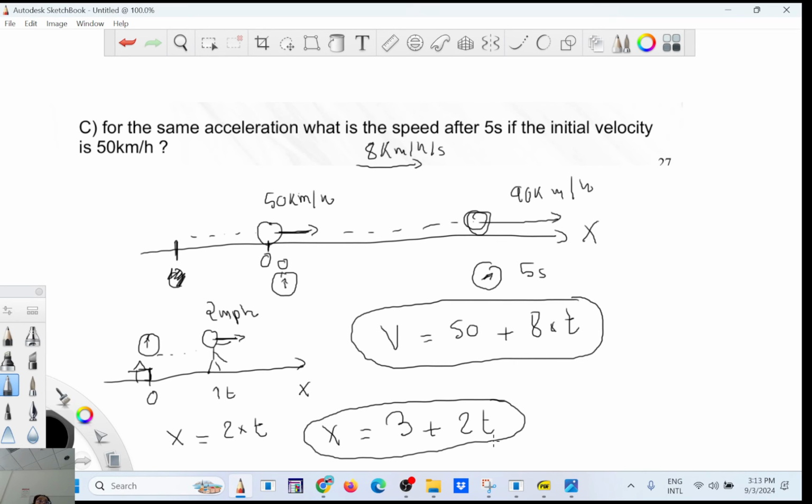Is that clear? Think of money, right? You make $2 an hour 100 years ago, but your boss gives you $3 to begin with. So that's the idea. That's also a linear relationship. So that's called the y-intercept, and that will be the slope. Okay, y-intercept and slope. So just an introduction.